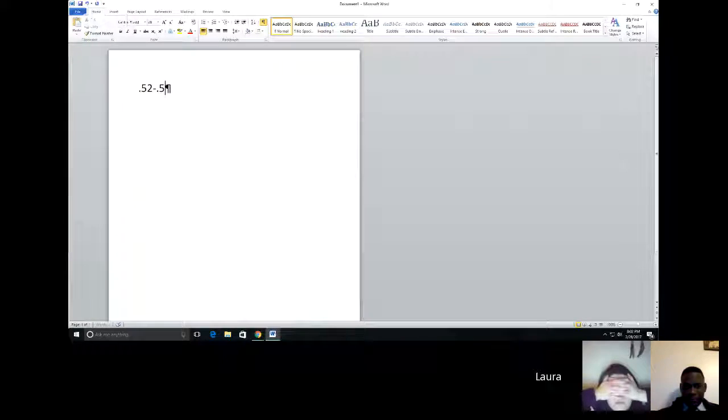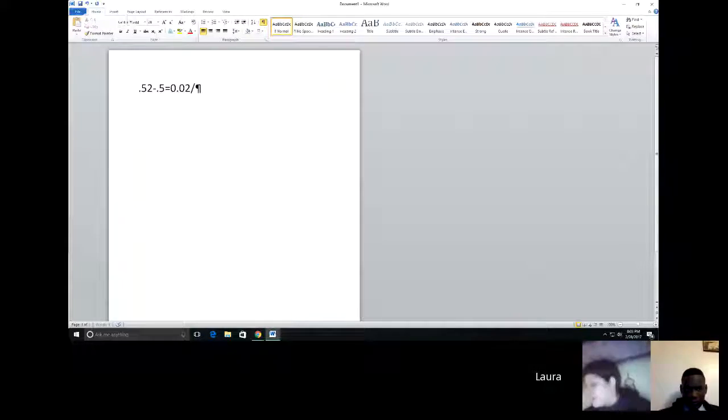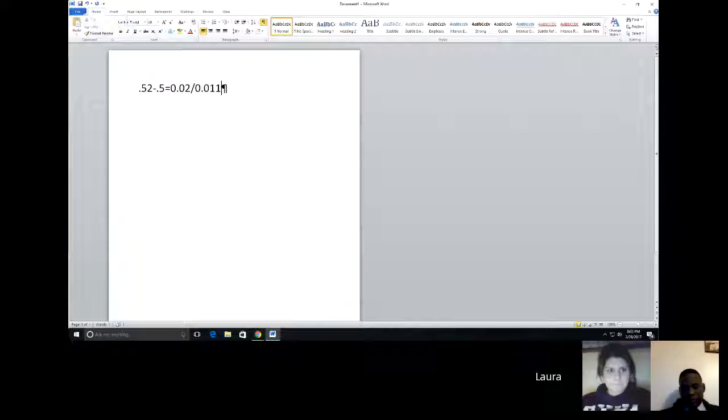So if you do that, then you divide by your standard deviation, which is 0.011. Wait, so 0.52 minus 0.5 is equal to 0.02, divided by 0.011. Where are you getting that? The last part is the standard deviation of the p hat.